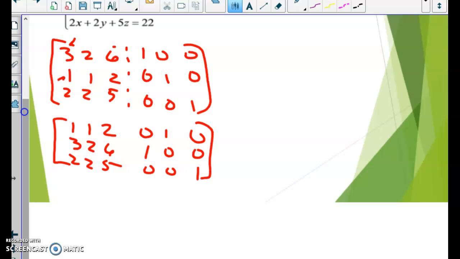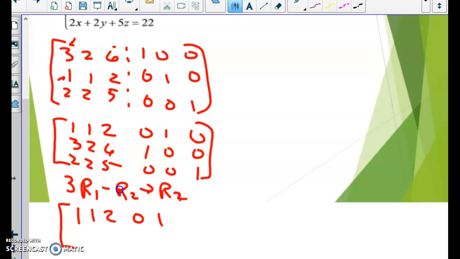Alright, so now I'm going to do three times row 1 minus row 2, and I'm going to put that back in row 2. So I get, that stays the same, and then 3 minus 3 gives me 0. 3 minus 2 gives me 1, and I wanted a 1 there.